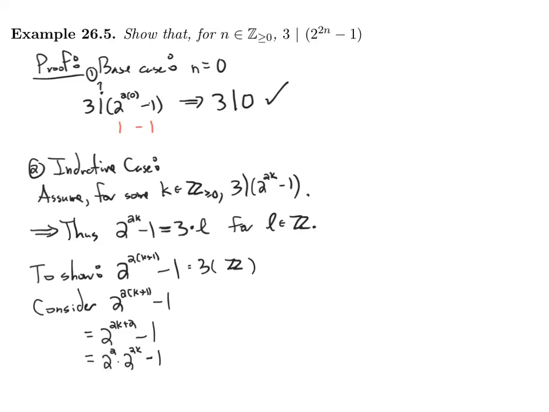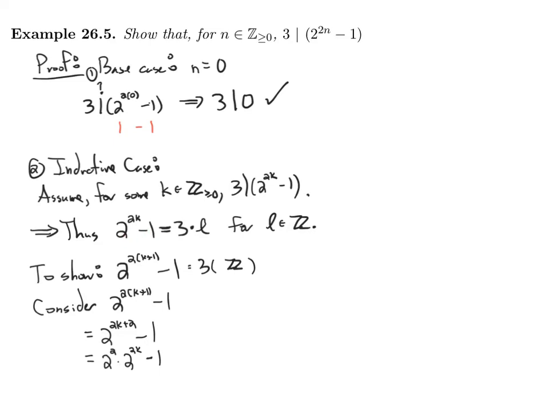And remember, this is 4. So really, what do we have here? We have 4 times 2 to the 2k minus 1. So we only have an idea of what happens when we have 2 to the 2k minus 1.